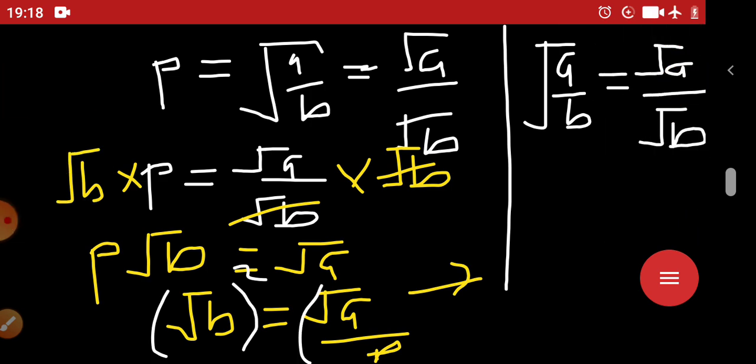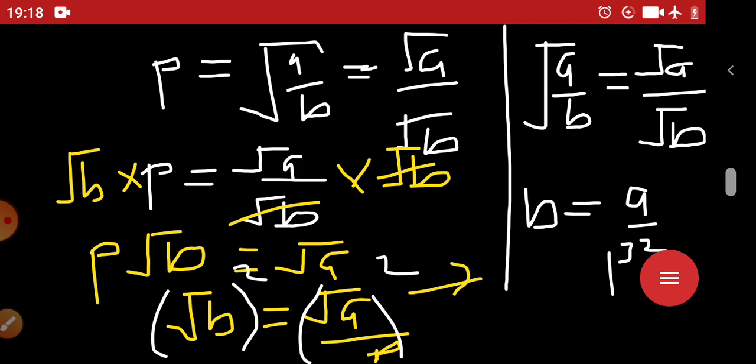When you square both sides, B is equal to A over P squared.